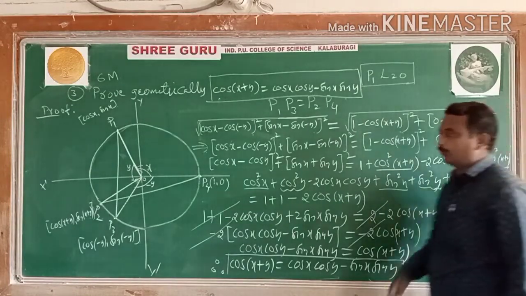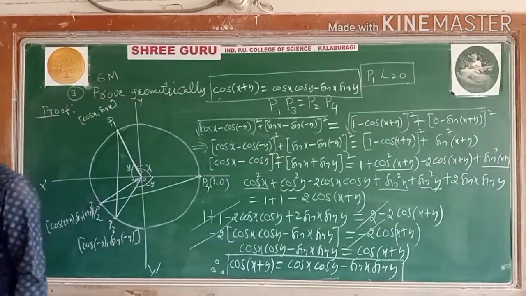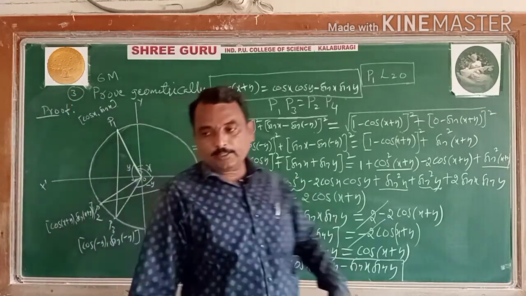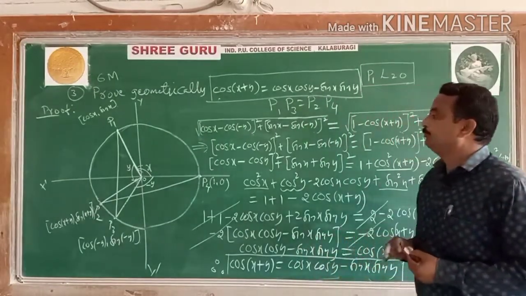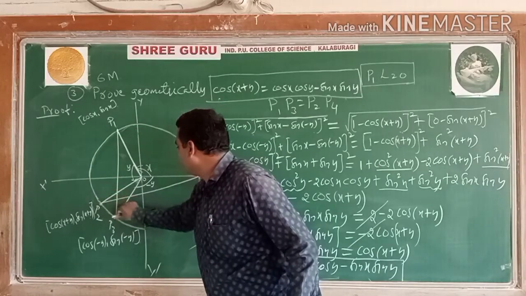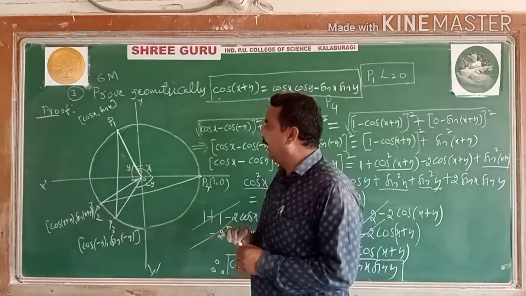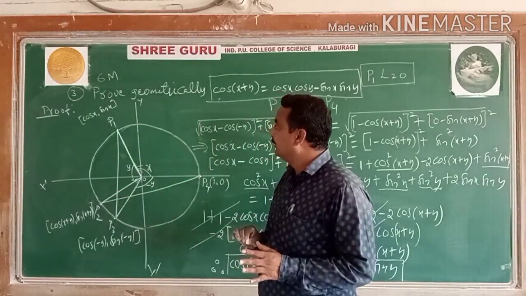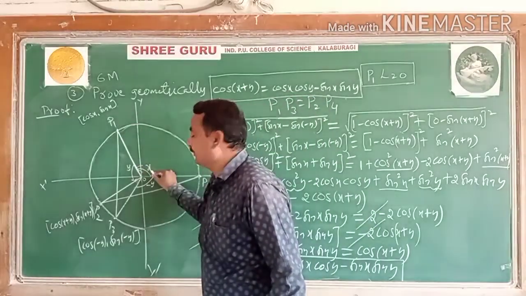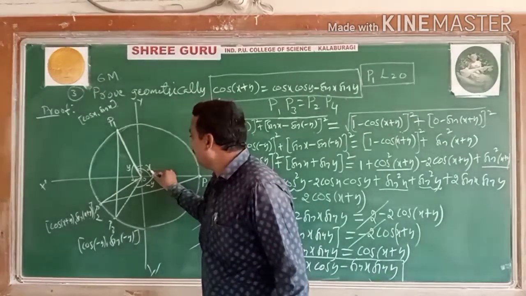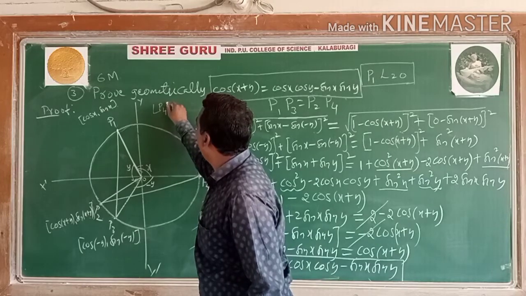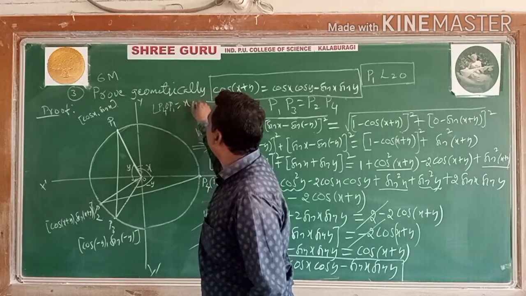Once again, I repeat this one. Let us see. Consider a unit circle with origin O. Here I am marking the points P1, P2, P3, P4, four points on the circle. Angle P4 O P1 is equal to x.